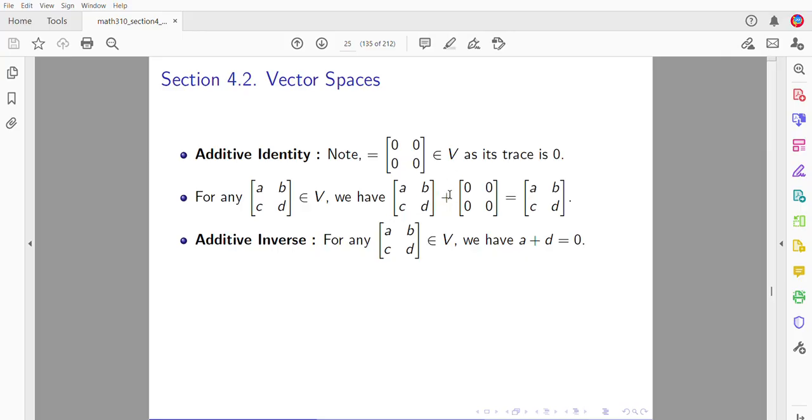Additive inverse. Take any A, B, C, D in V. You know it is zero trace, that is A plus D is 0. If A plus D is 0, then negative A minus D is negative of A plus D, that's also 0. In other words, negative A, negative B, negative C, negative D is also a zero trace matrix. Notice, inverse should be in your set.